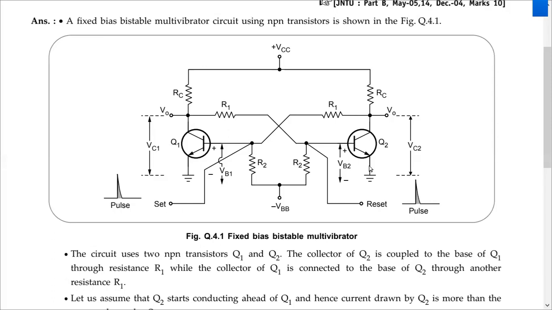What we can do here is, again, this is an NPN transistor, so the emitter is N type.